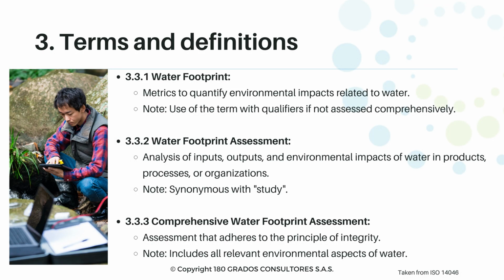Lastly, the comprehensive water footprint assessment refers to an assessment that complies with the principle of integrity. This means considering all relevant environmental aspects of water, including its availability and degradation. This comprehensive approach is essential for gaining a complete and accurate understanding of water impacts and for making informed and responsible decisions in water management.